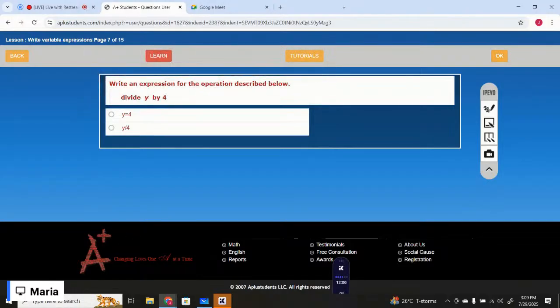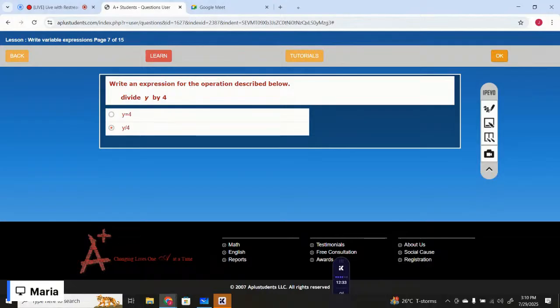Write an expression for the operation described below. Divide V by 4. That is option number 2.